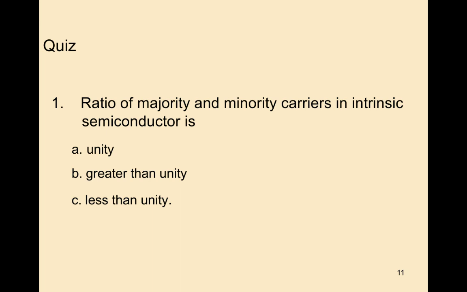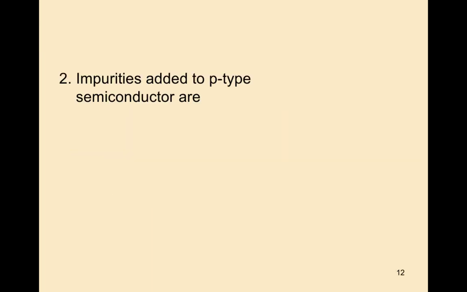The correct answer is A, unity. Second question: impurities added to p-type semiconductor are trivalent, tetravalent, pentavalent. Trivalent impurities are added to get p-type semiconductor. The correct answer is A.